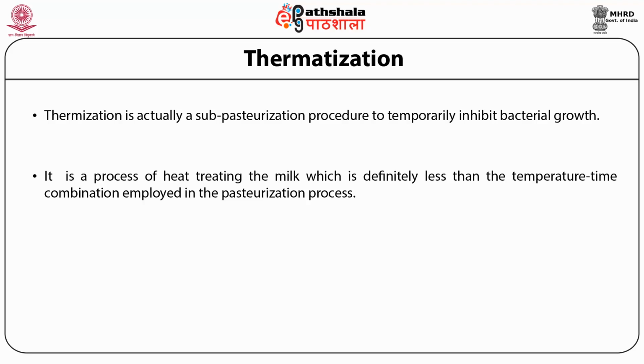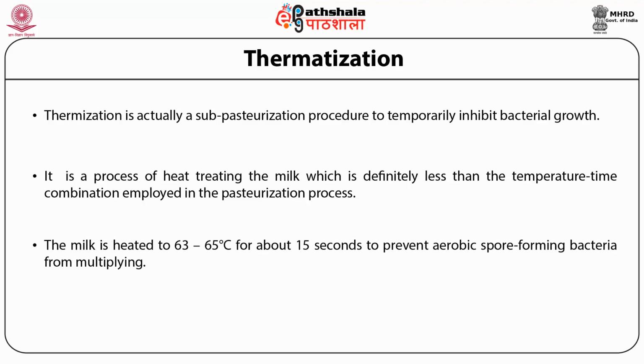In the thermization process, the milk is heated to 63 to 65 degrees centigrade for about 15 seconds. It aims only to prevent aerobic spore forming bacteria from multiplying. After thermization, the milk is rapidly chilled to 4 degrees centigrade or below.